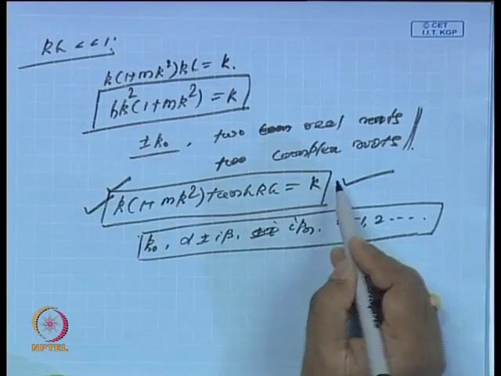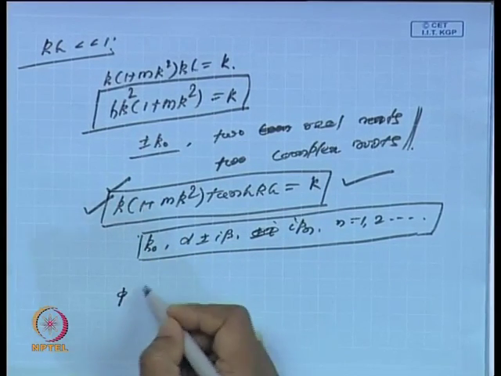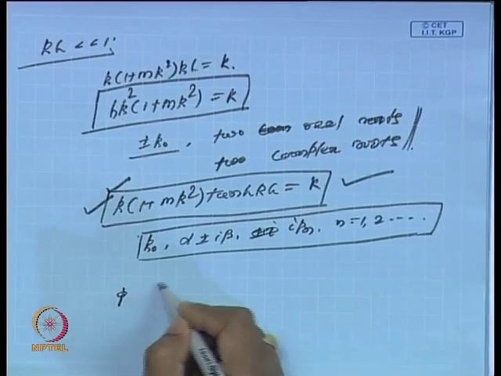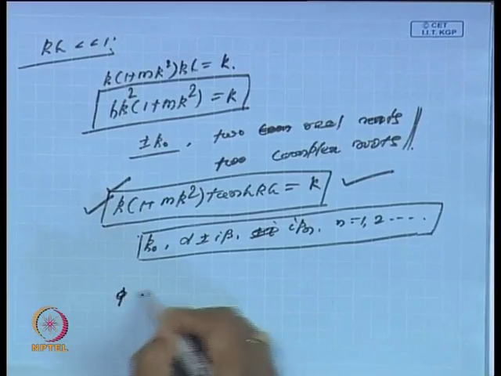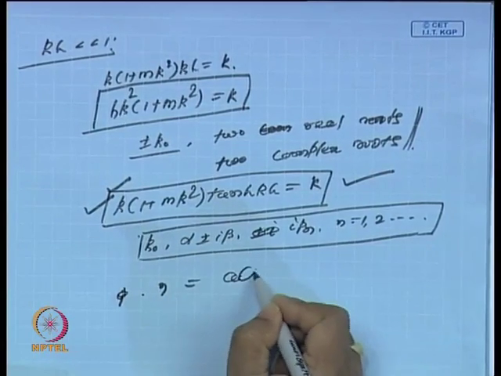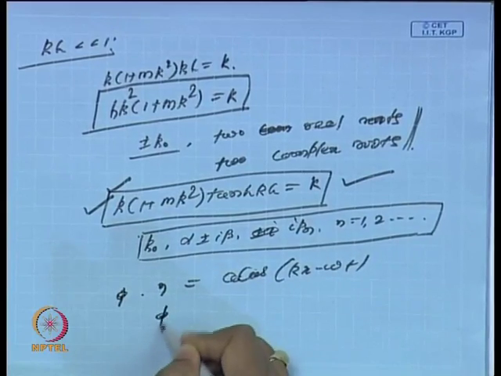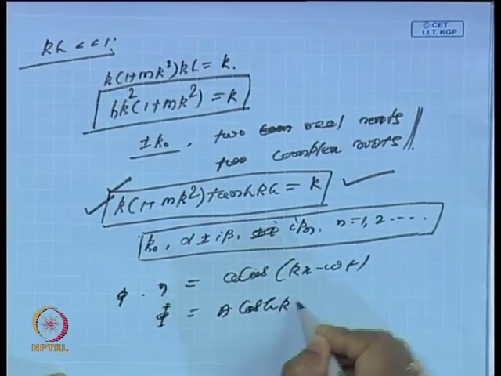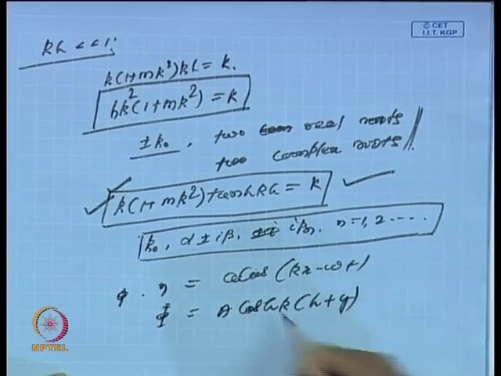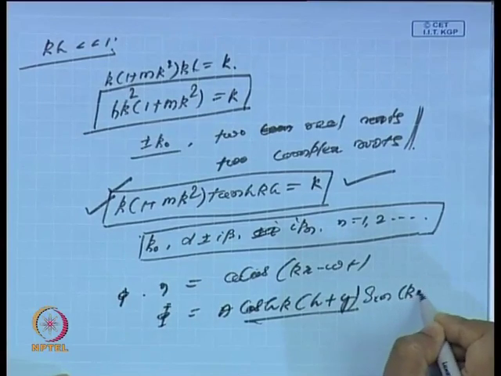Another thing: once we know eta, we can always find phi, because if you apply the kinematic condition, we already know that for eta equal to a cos(kx minus omega t), the corresponding phi is equal to A cosh(k(h plus y)) into sin(kx minus omega t).